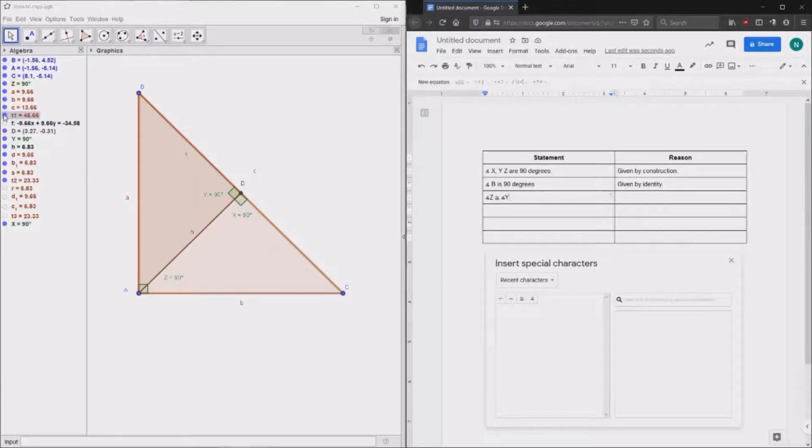Similarly, of the other triangle, angle X would also be equivalent to angle Z for the same reason. So why don't we write that in as well? Both angles are right angles.